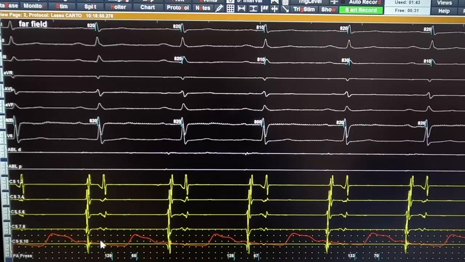That position definitely will help you to puncture the interatrial septum in the best possible position.